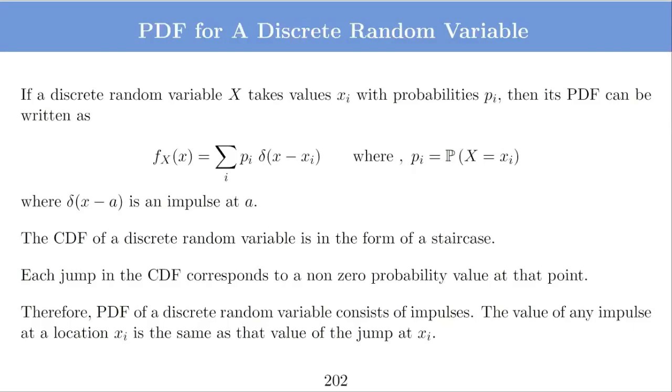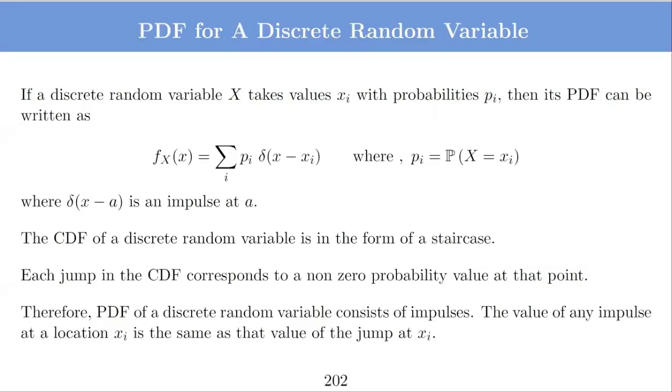Okay, so we can see that if you have a discrete, staircase type CDF function, the density is a kind of derivative of this, because it shows the rate at which the CDF is increasing. So the derivative of a staircase function would be nothing but a set of impulses. So if a discrete random variable x takes value xi with probabilities pi's, and this can be a countable or finite number of values, then its PDF can be written as summation over all values of pi delta(x minus xi).